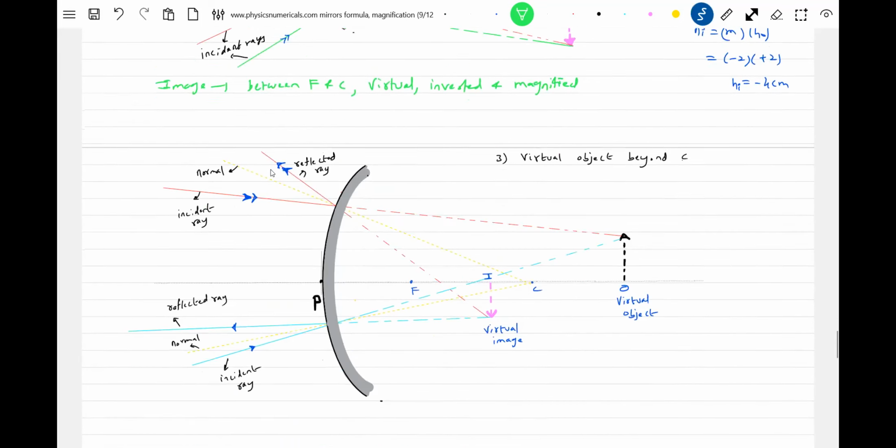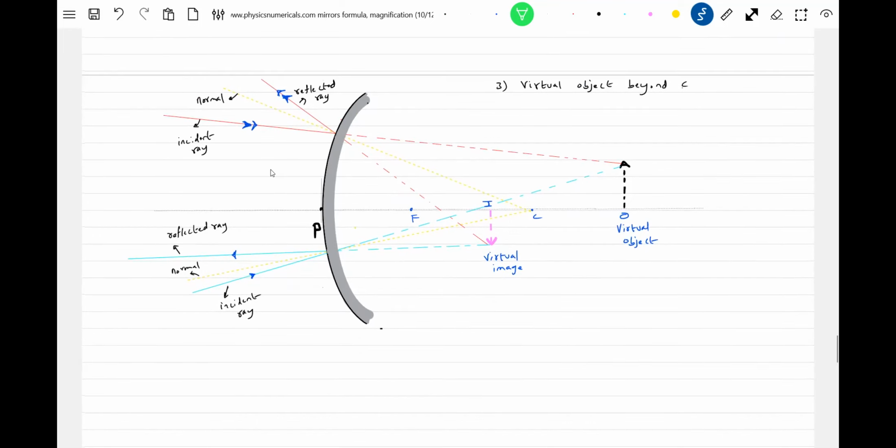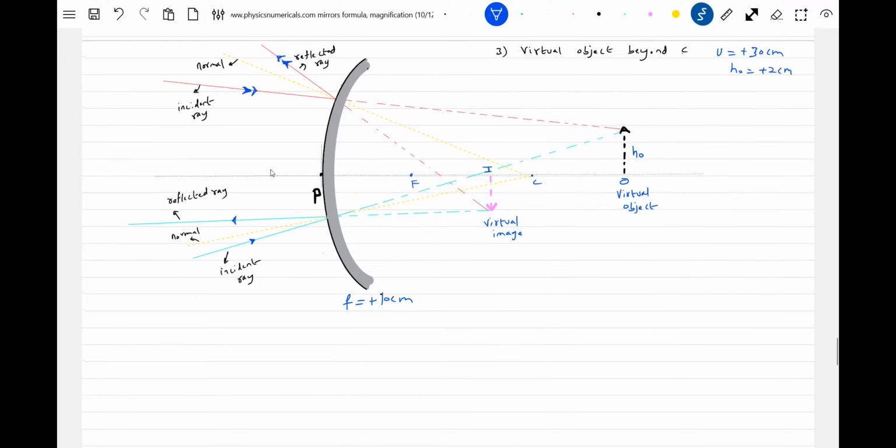Similarly, we'll take this one. Third one, virtual object beyond C. Focal length of the mirror plus 10 centimeter. Object distance, let it be plus 30. We'll see what conditions will arise here. Again, let me use the same mirror formula.